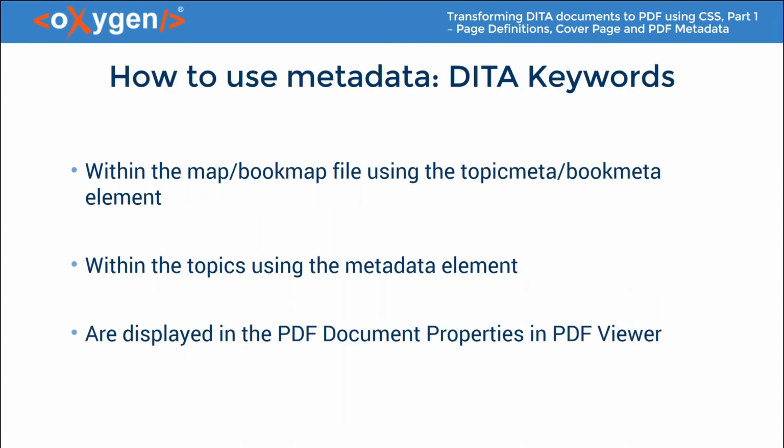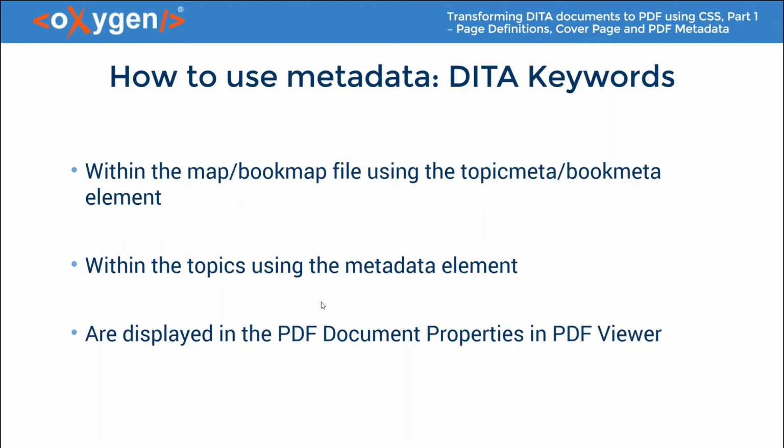So the first metadata we will see in our case is the DITA keywords. They can be defined within the map or the bookmap using the topic meta or the book meta elements, which are specific child elements of the DITA map and the DITA bookmap.